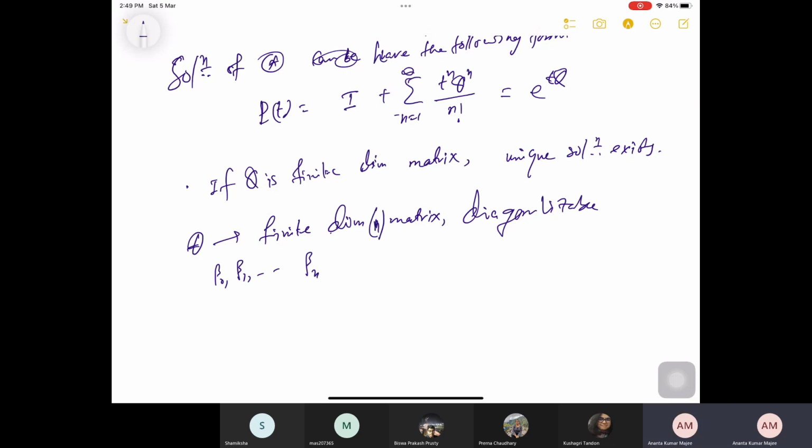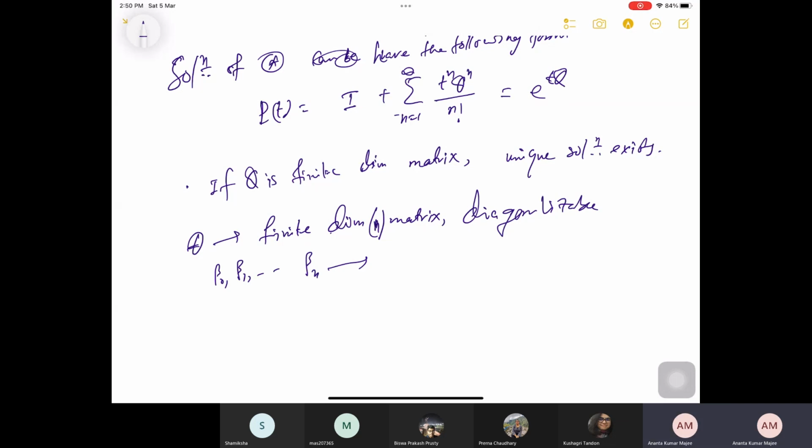Otherwise, one has to look for the Jordan block and so on, and then you try to compute this matrix e to the power tQ.